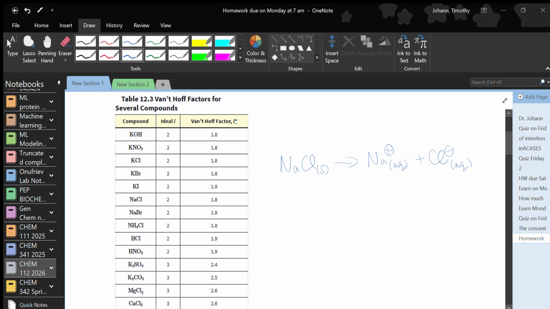Some of these ions are attracted to each other, they have opposite charges. And so the effective number of particles is mostly separate ions, but maybe a little of them are associated, so they act like one particle. That's important in a world where the number of particles matter. So we've got this experimentally determined factor that we need to take into account. For sodium chloride, that factor is 1.8.